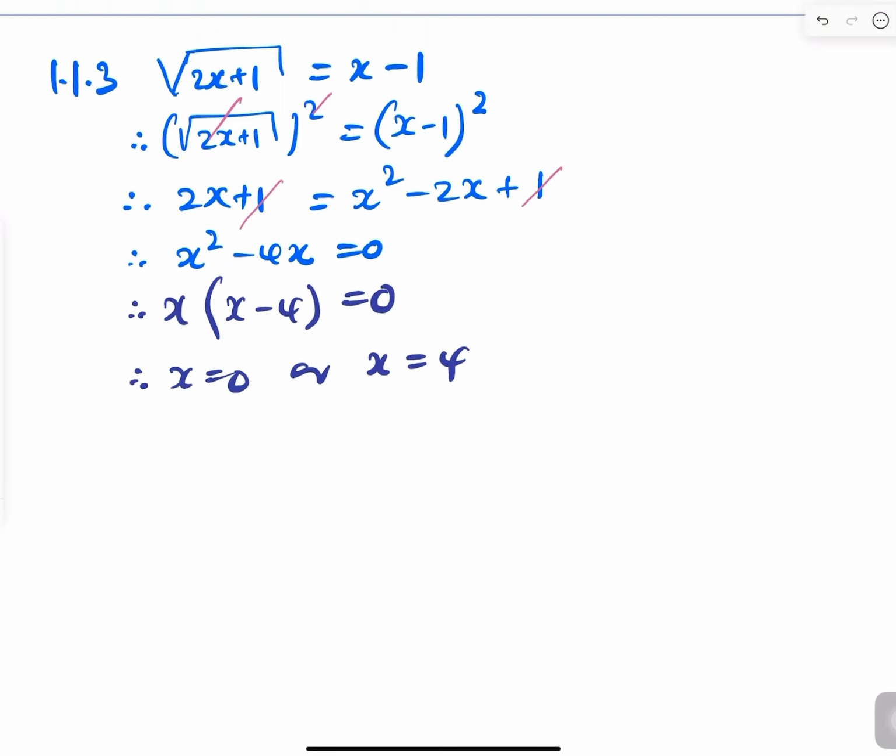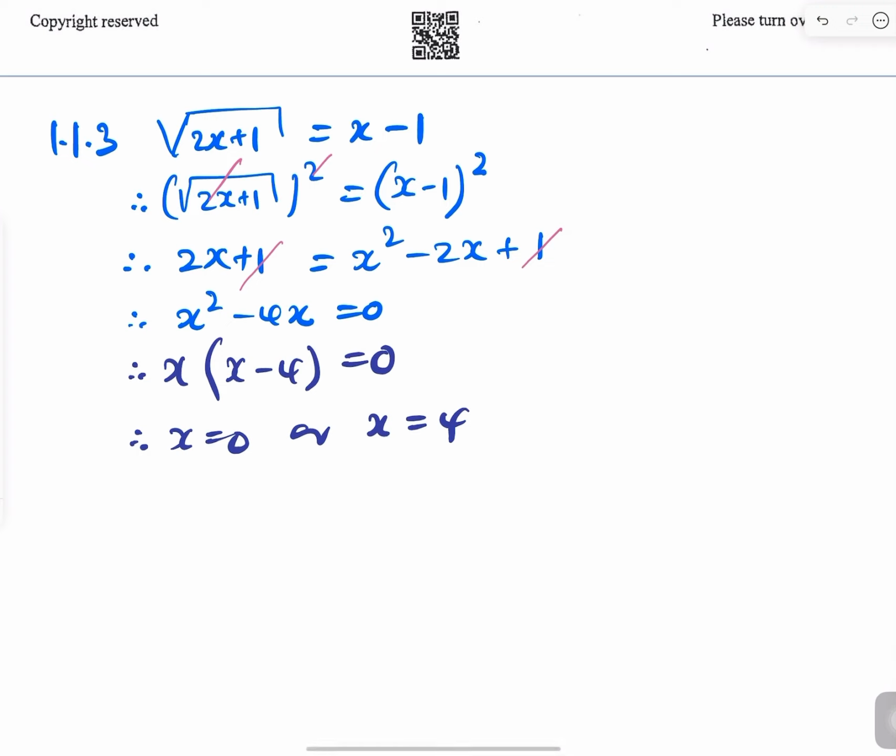Now you need to check these answers. Remember, if you are dealing with square root, you must be able to check your answer. So if you take 4 for an example, you put it here, it's going to be 2 times 4, which is 8, plus 1, and that is 9. You square root 9, it's going to give you 3. Now 4 minus 1 is going to be 3, so that is fine, it's correct. Now you take a 0, you put it here, it's going to be 2 times 0 plus 1, which is 1.